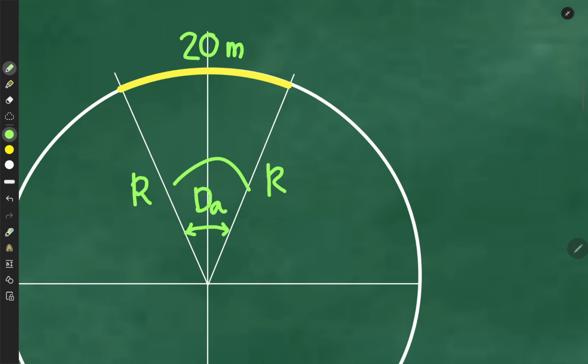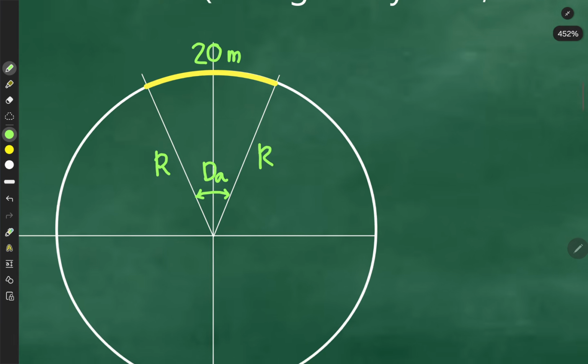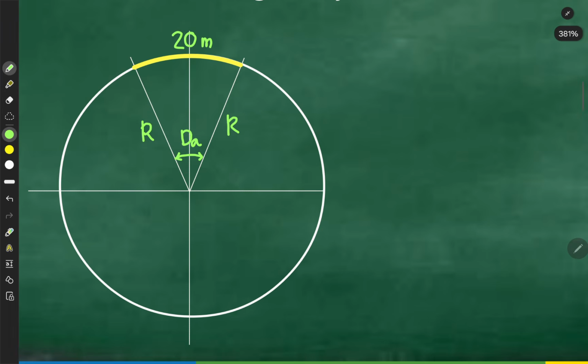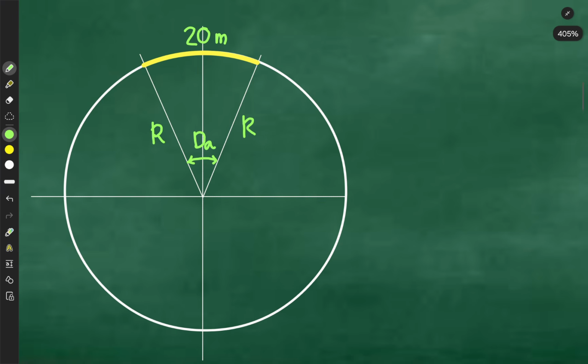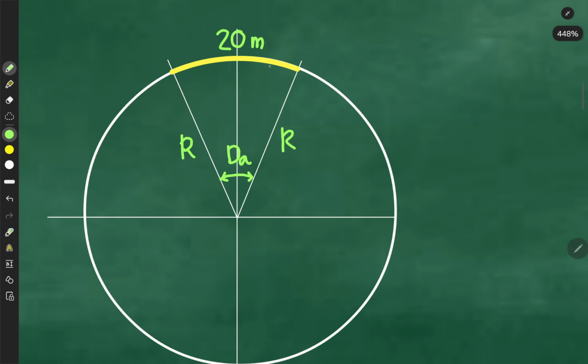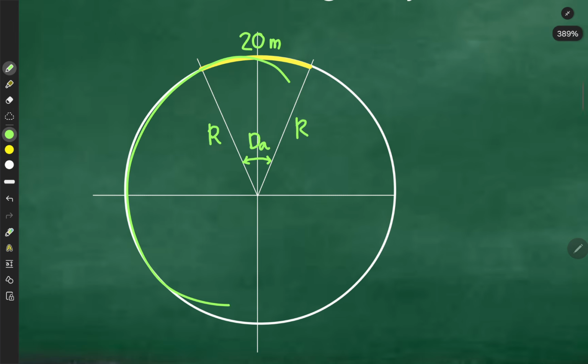So, if we want to determine now dA, we are going to use the ratio and proportion. Maalala ninyo, if this is just a part of a circle, pwede natin gamitin yung properties of a circle, which is, if we want to determine dA, we are going to ratio this arc by the full revolution of a circle.